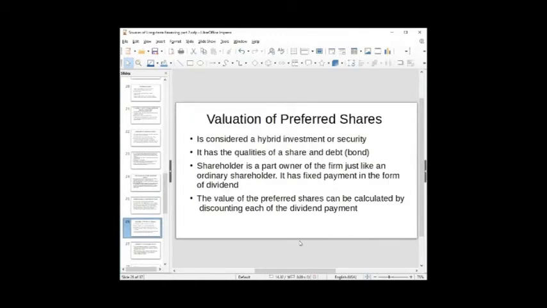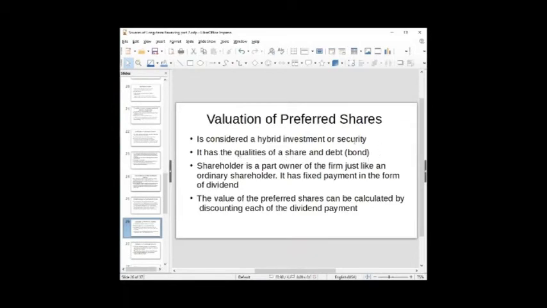So there are different valuations of preferred shares. One is that it is considered a hybrid investment or security, because preferred shares entitle the holder to a regular dividend, and at the same time they are a kind of share that has gain or loss in the market. So it's called a hybrid. Another valuation: it has the qualities of a share and a debt.